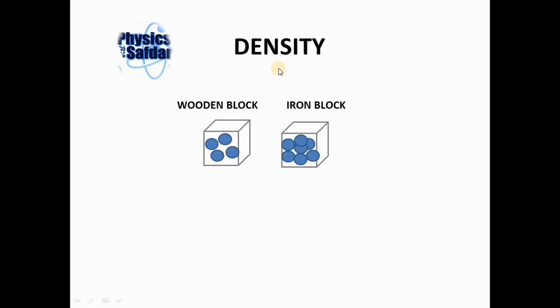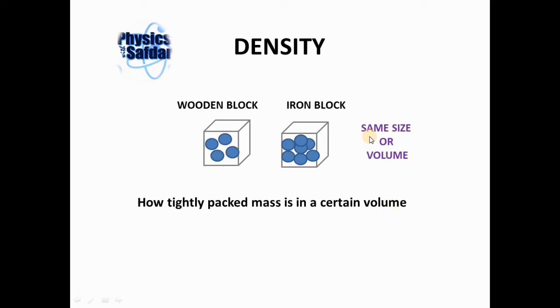Now we will learn about the concept of density. We are using the same blocks here. One is wooden, the second one is an iron block. Basically, density describes how tightly packed mass is in a certain volume. It means density depends upon two things, the mass of that object and the unit volume. Look at this picture.